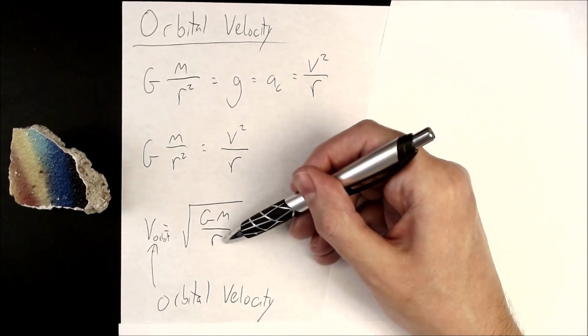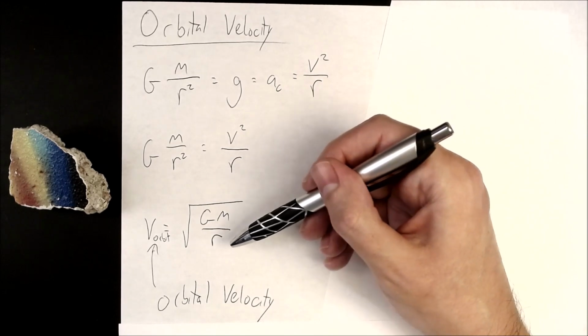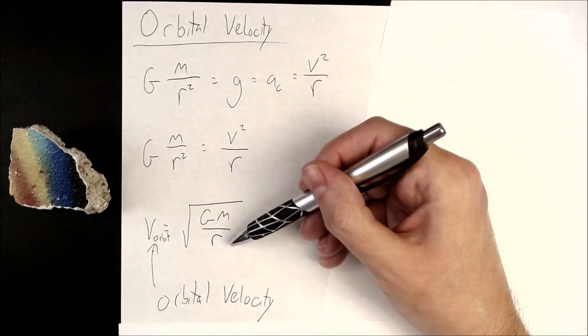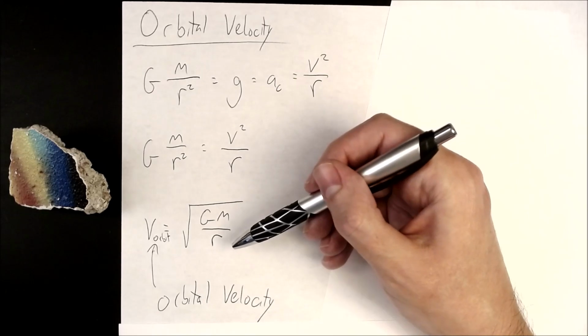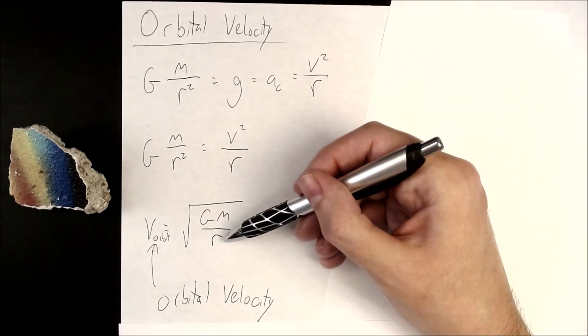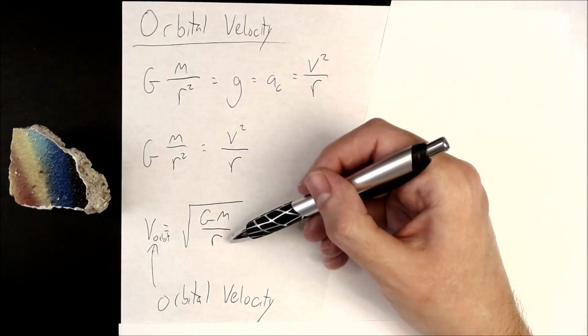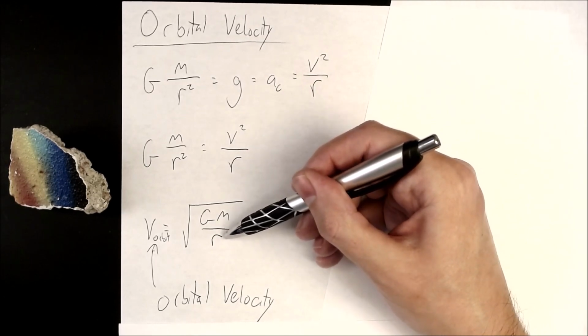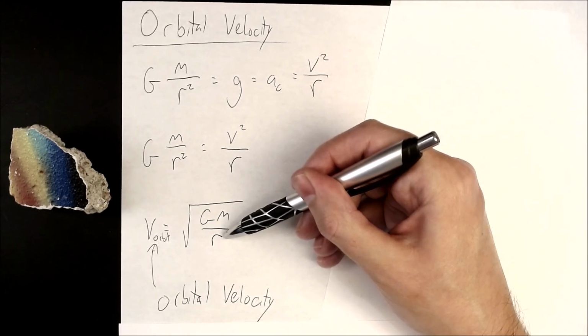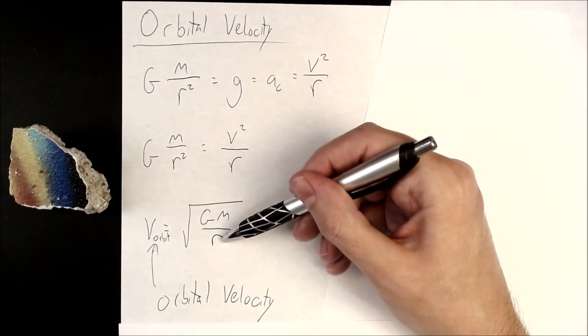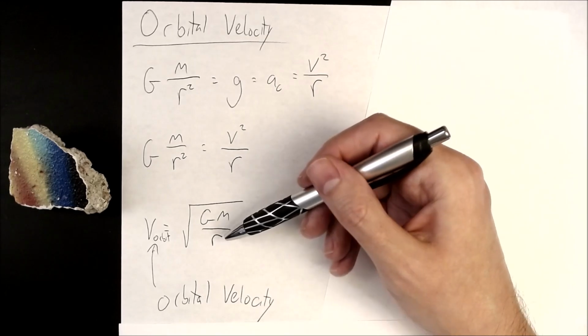R, that is the radius, the distance from the center of the Earth to wherever you are trying to orbit. If you're trying to orbit just a few kilometers off the surface of the Earth, then you'd plug in just a few kilometers plus 6,371 kilometers, because that's the radius of the Earth, and then, of course, get it into meters.